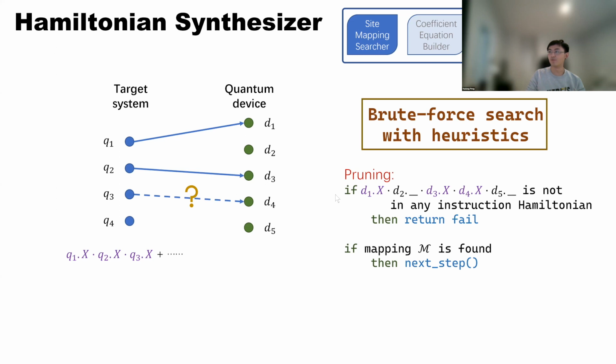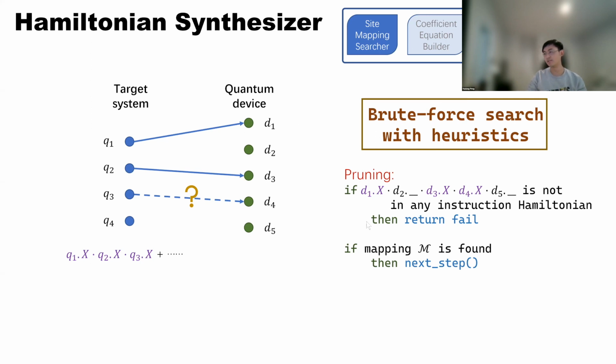We use a brute force search with heuristics here to search for a mapping. We add some pruning here: if the Hamiltonian cannot be found on the quantum device under the current mapping, then we break the search here. And in detail, it can be described in this step. So it's a very brute force search, and we don't have a clever way to do this site mapping.